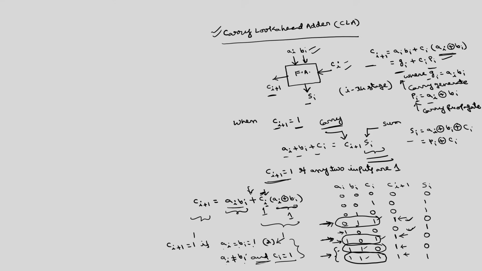The first step is to produce all the generate signals and propagate signals using some logic. The second step is using these generate and propagate signals, you generate all the carries simultaneously. The third step is using these carries and the Ci, we generate all the sums.